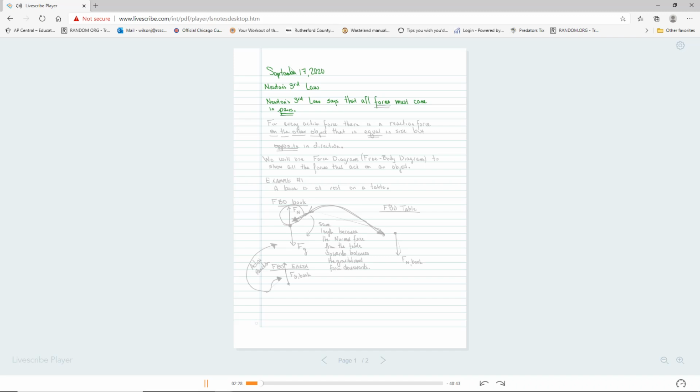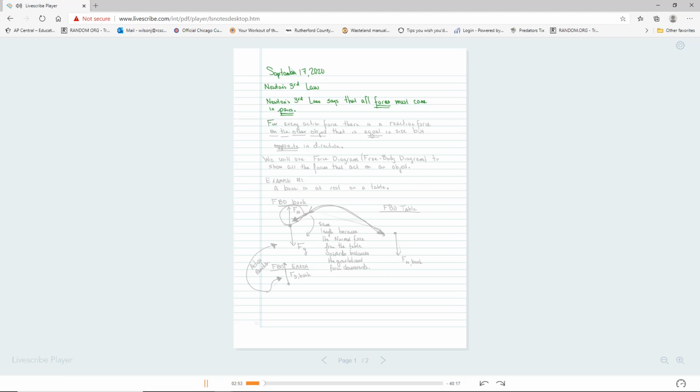We must have forces coming in pairs. Like longitude and latitude? No, like action force and reaction force. Latitude and longitude are ways to measure things on the globe. Okay, so all forces come in pairs.